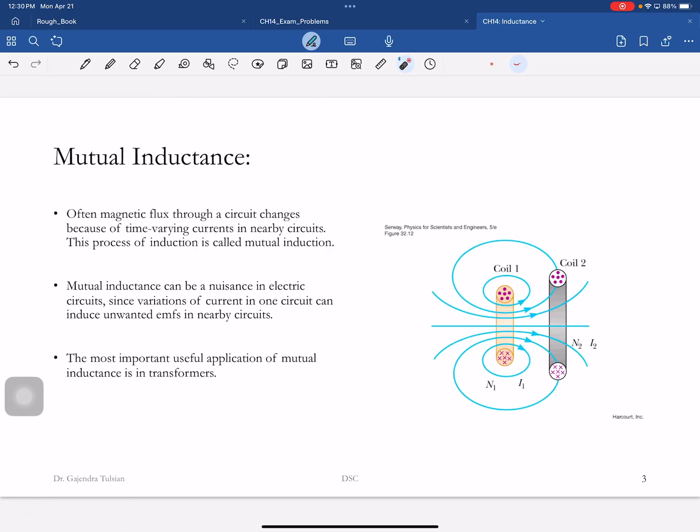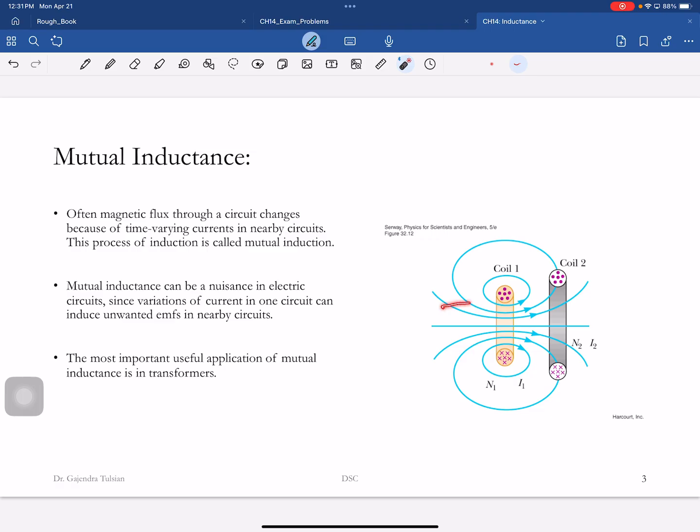So here's a diagram. Let's say this is a circuit, and you pass a current through this circuit. So we're looking at it edge on. You pass a current through this thing, which is producing a magnetic field like that.